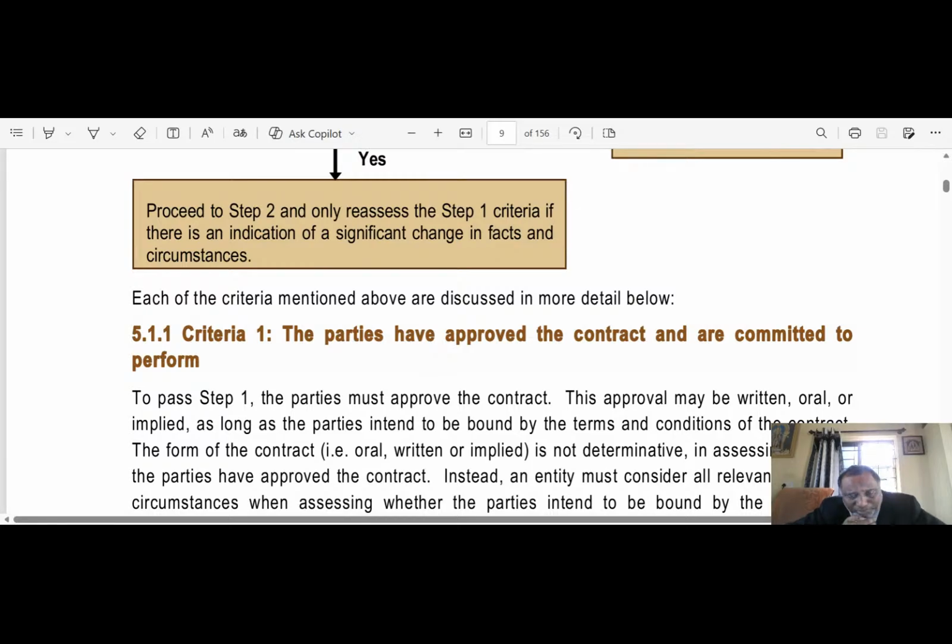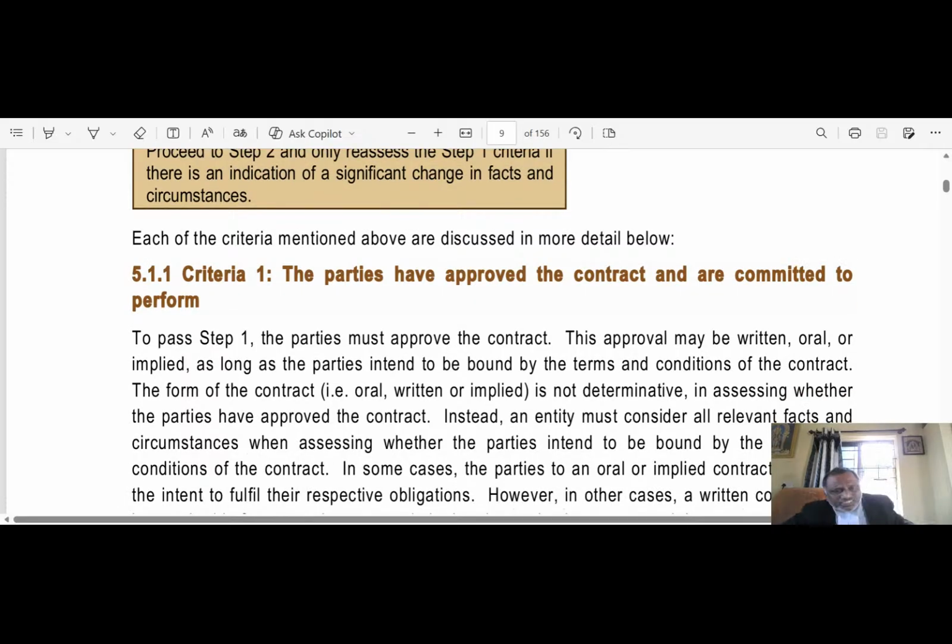Criteria 1: the parties have approved the contract and are committed to perform. To pass step 1, the parties must approve the contract. This approval may be written, oral or implied, as long as the parties intend to be bound by the terms and conditions of the contract.